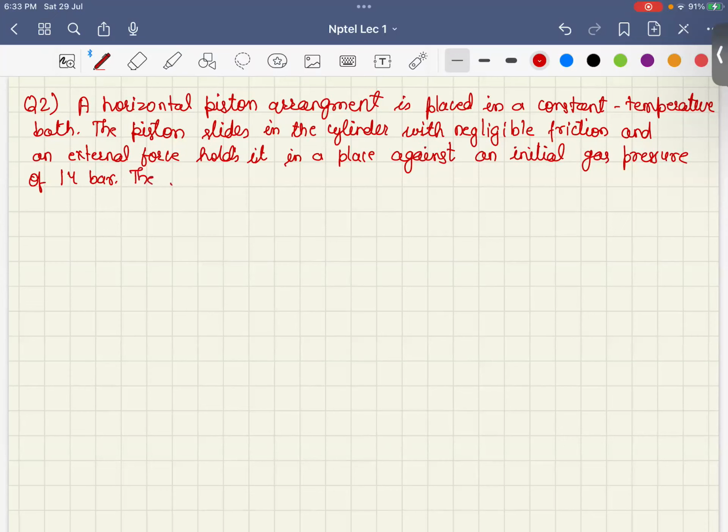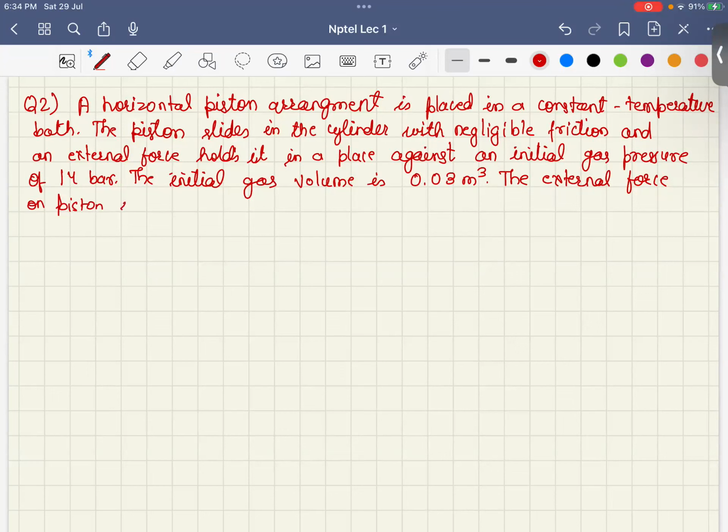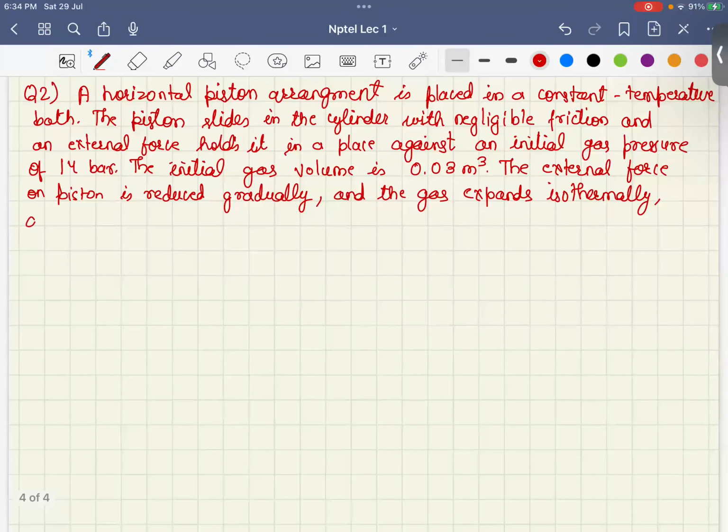The initial gas volume is 0.03 meter cube, and the external force on the piston is reduced gradually, and the gas expands isothermally as its volume doubles.